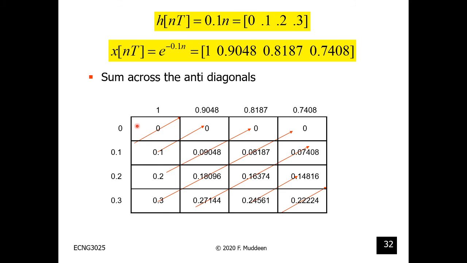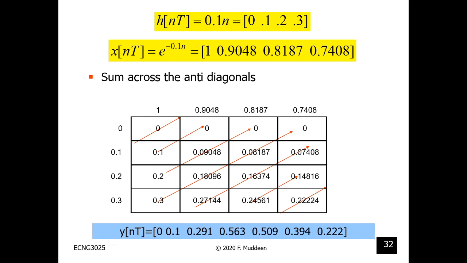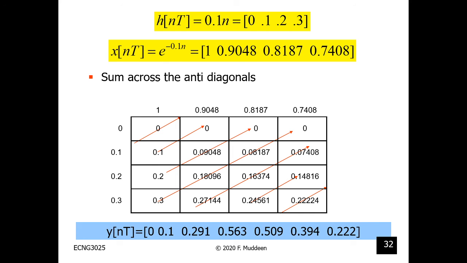In this case, we have 1, 2, 3, 4, 5, 6, 7 anti-diagonals, so we're expecting 7 values for y of n. After we sum across each one of these accordingly, our y of n sequence will end up being this value here.